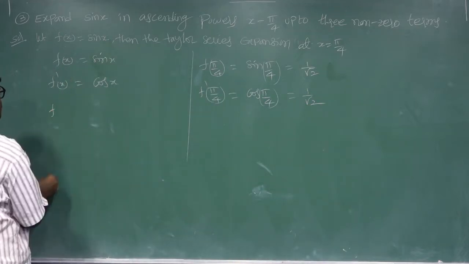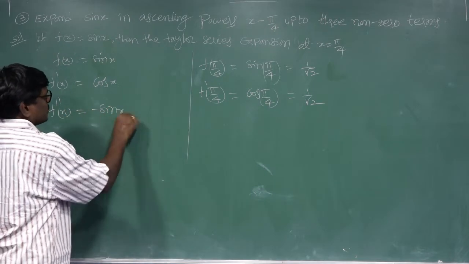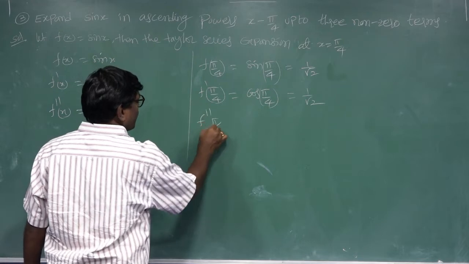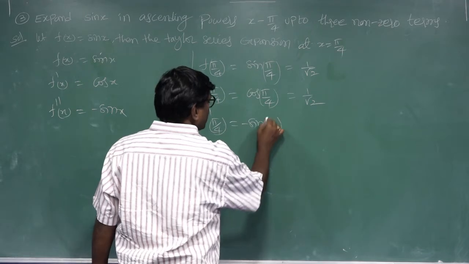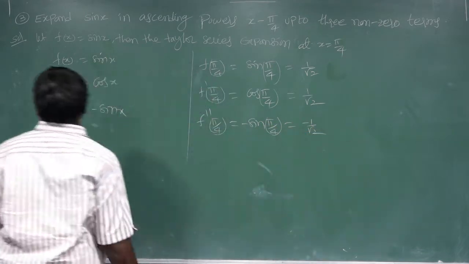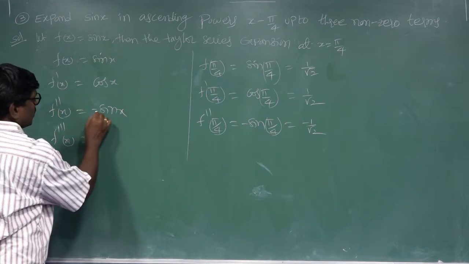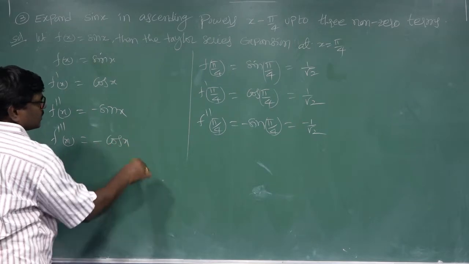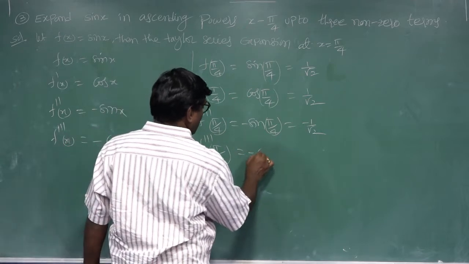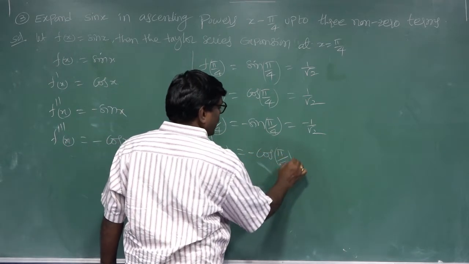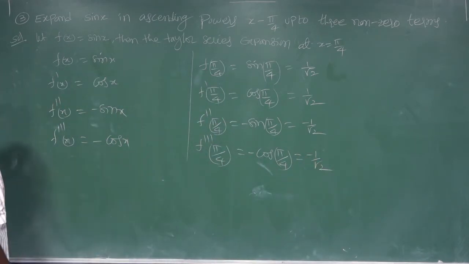Next, f double dash x is the derivative of cos x, which is minus sin x. f double dash of pi by 4 equals minus sin of pi by 4 equals minus 1 by root 2. Next, f triple dash x is the derivative of minus sin x, which is minus cos x. f triple dash of pi by 4 equals minus cos of pi by 4 equals minus 1 by root 2.